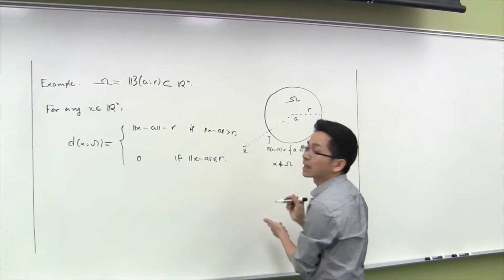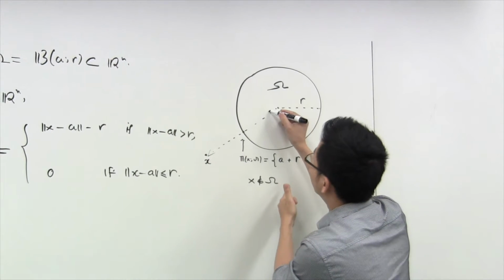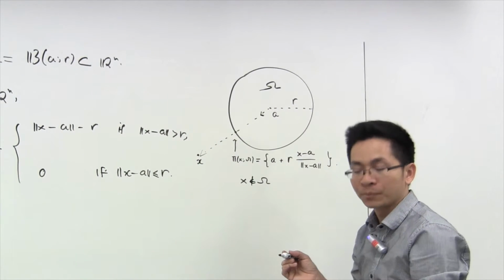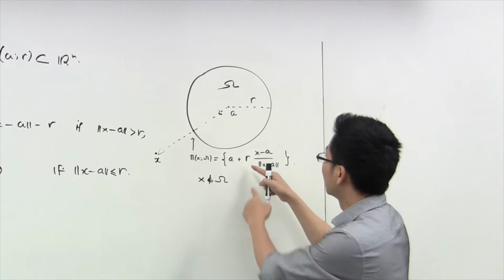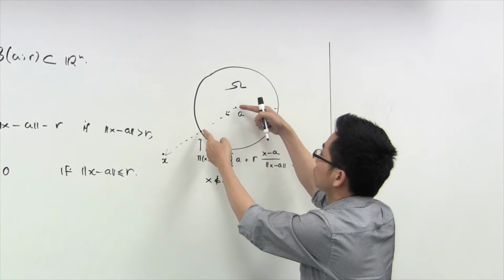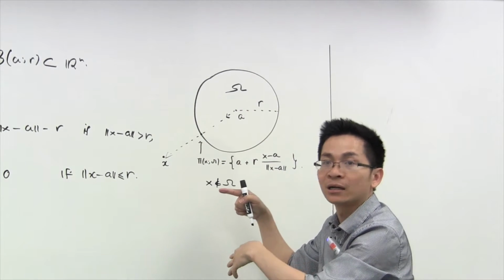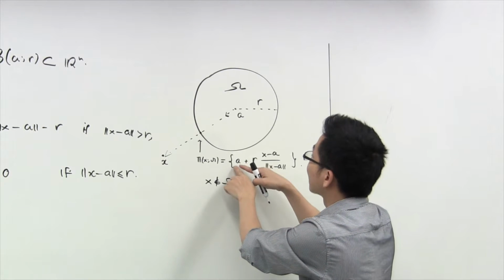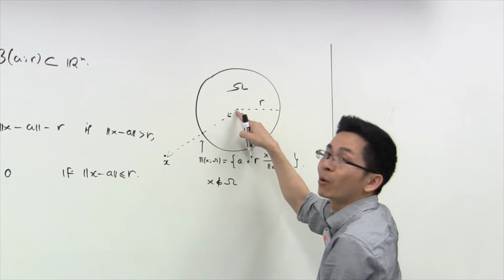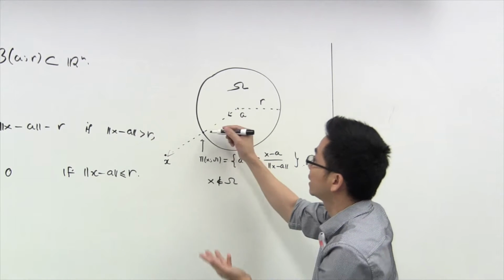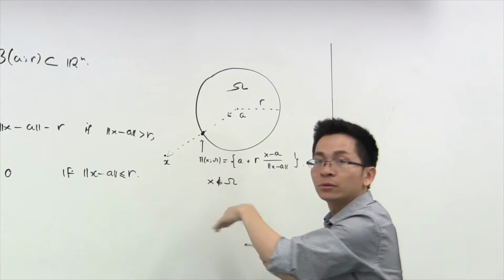So this is this vector, and then we divide by norm of x minus a. We have a unit vector pointed toward this direction. After that, we multiply by r so that we have a vector whose length is exactly r. Okay, and finally we move that vector to the center of the ball a, and we obtain this point that is the Euclidean projection from x to omega.